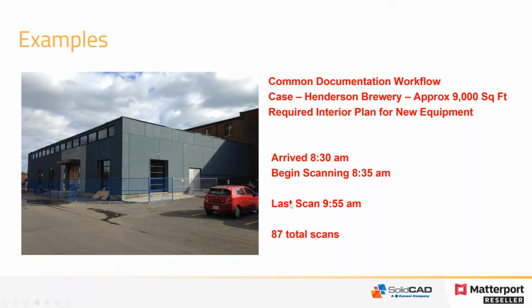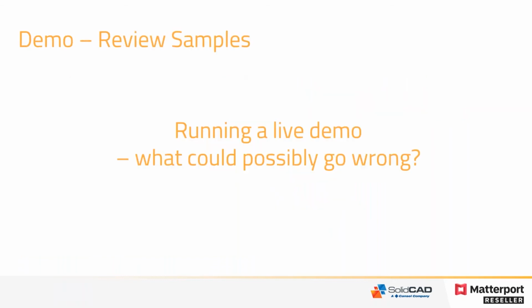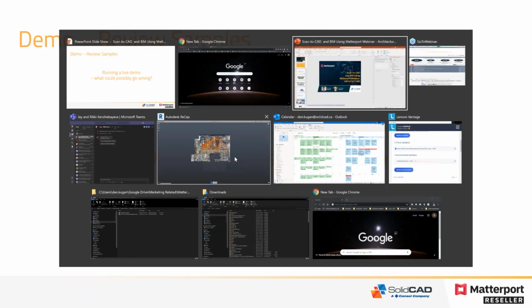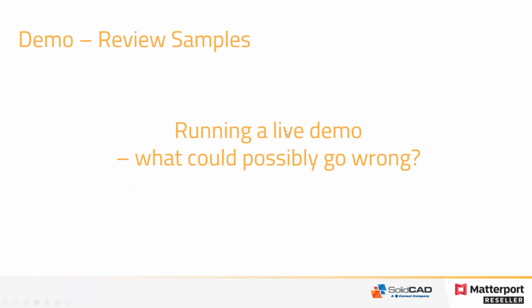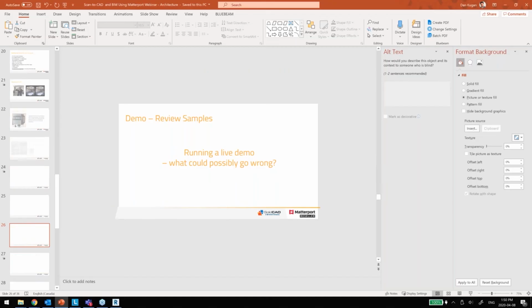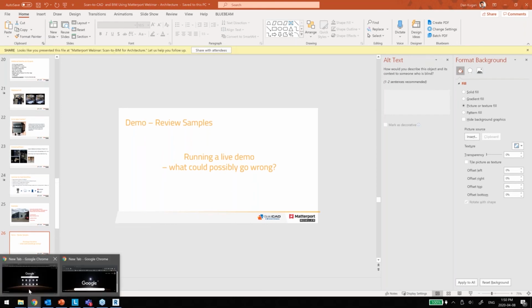I believe they are delivering right now within the GTA. So I took the Pro 2 a while back and did a scan of the entire interior. So we say running a demo, what could possibly go wrong? Let's jump into seeing what that scan looks like.